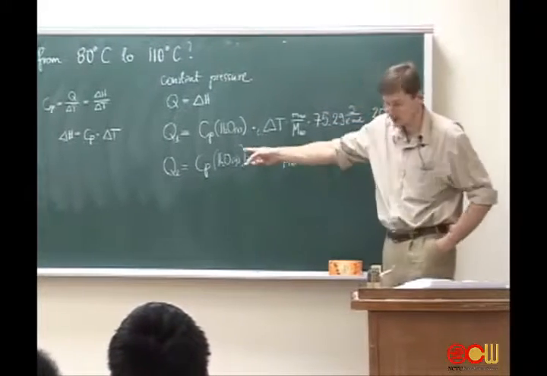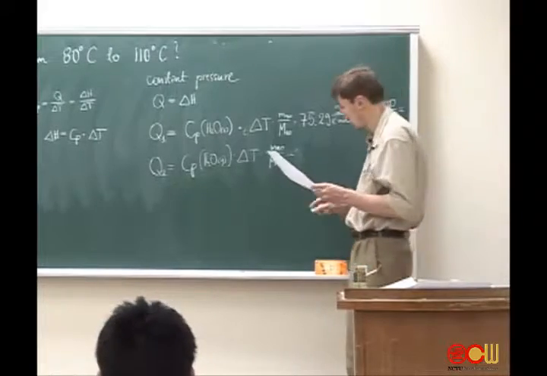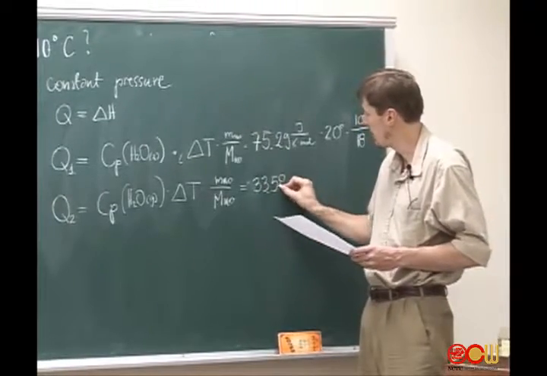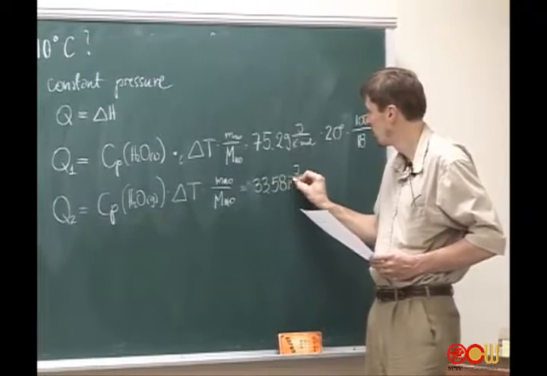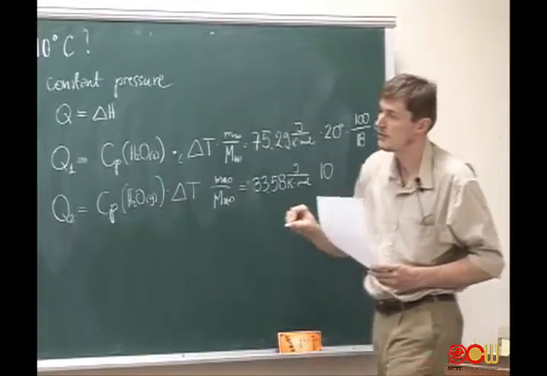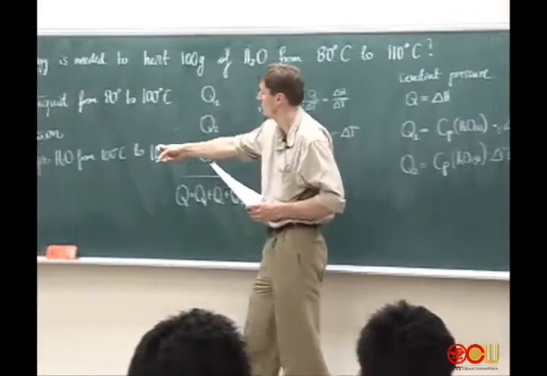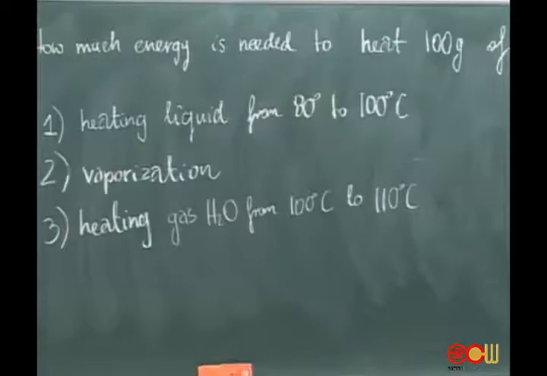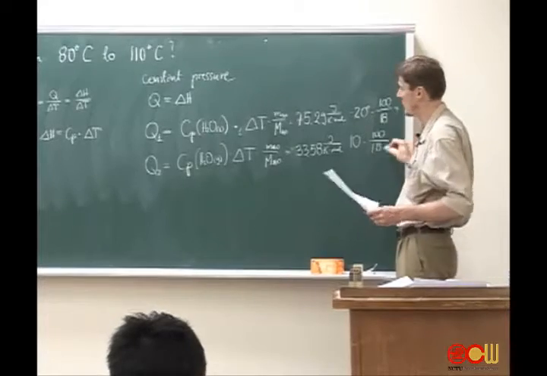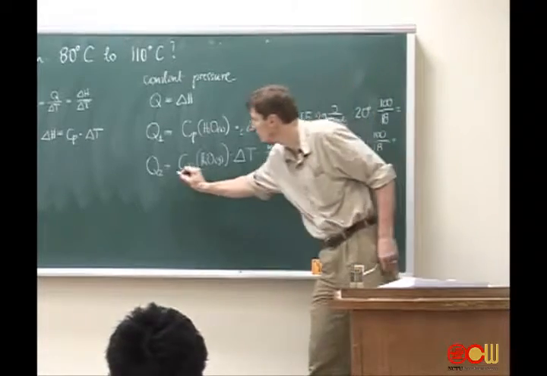Again we go to the tables and check that this one is equal to 33.58 joule per Kelvin per mole, times the difference, which in the third process is from 100 to 110, so the difference is 10, times 100 divided by 18. And again equal to some number. This is of course Q3.